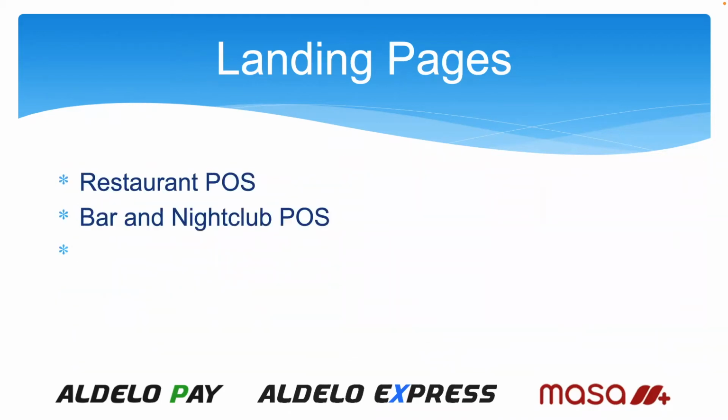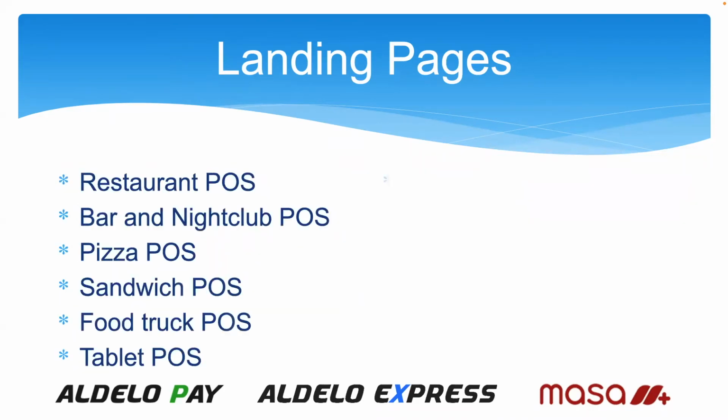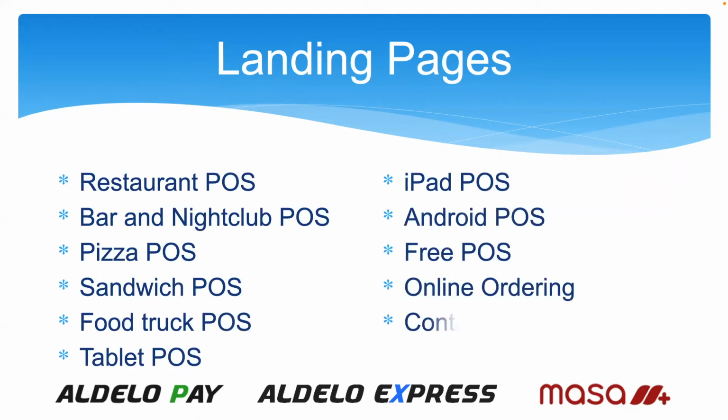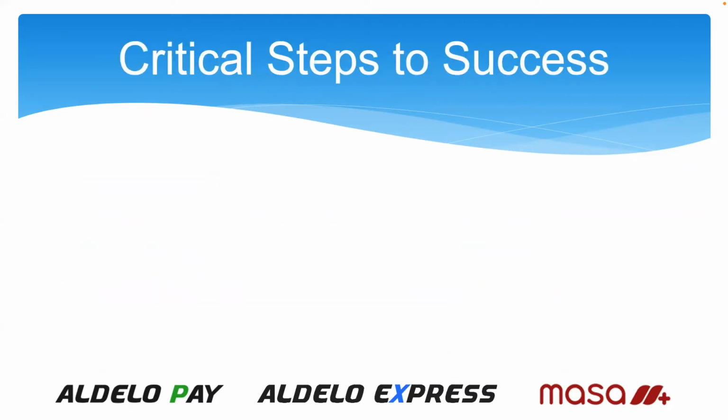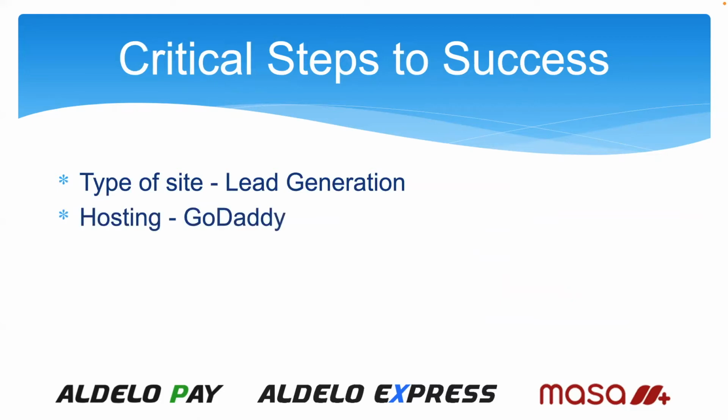And I'm going to have landing pages. I'll have all these on that site eventually. They're not there yet, but I'll have them on there eventually. So those are all my steps to be prepared this week for putting in this website. The type of the site is going to be lead generation. I'm going to host it at GoDaddy.